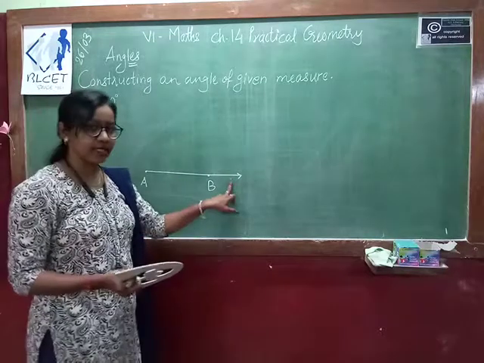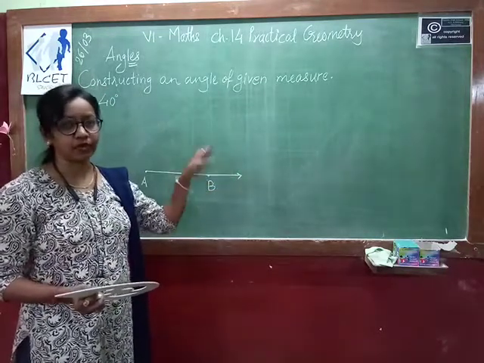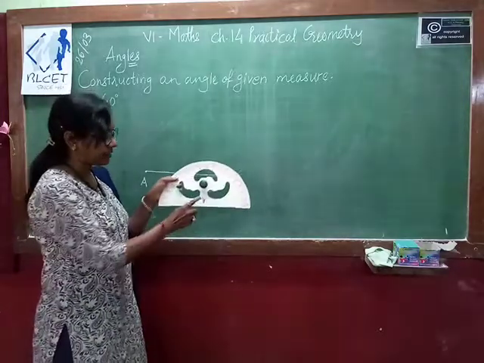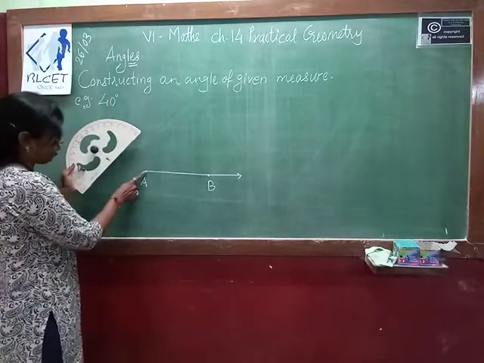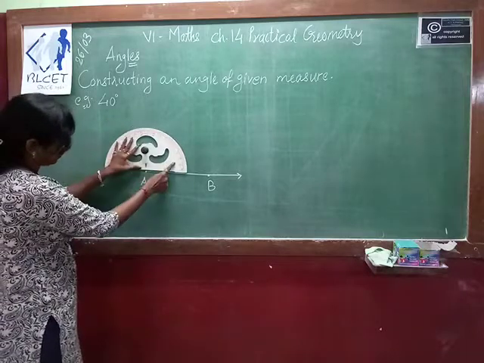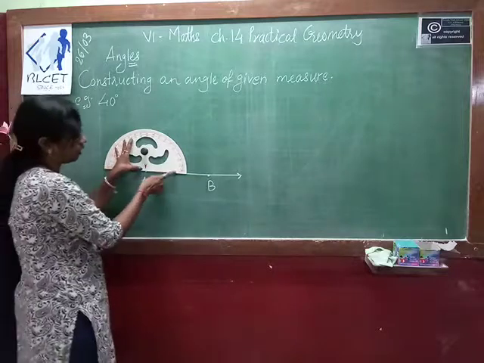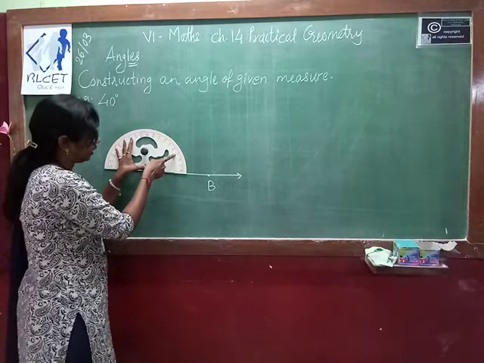Where this arrow is, from there we start counting 0, 10, 20, 30, 40. For that, this is the marking of the center. That marking we have to keep on point A. Okay, so like this. And my arrow is over here, so I have to read the lower scale. 0, 10, 20, 30, 40.